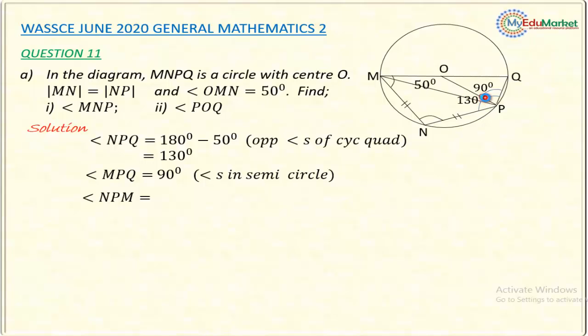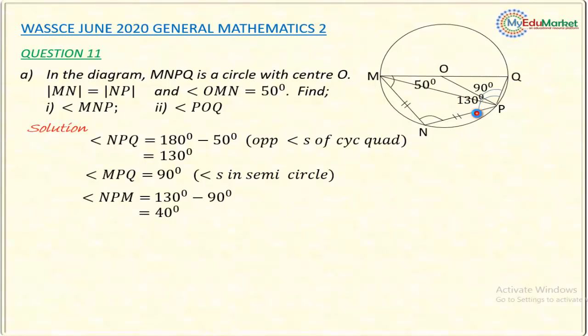So subtracting 90 from 130 will leave me with NPM, this very angle, meaning this base angle of the isosceles. So I have 130, the whole of this, minus 90. Subtracting 90 from 130 gives the answer 40 degrees. So this angle is now 40.